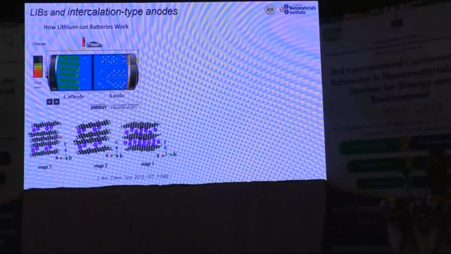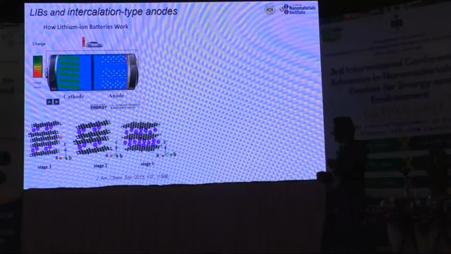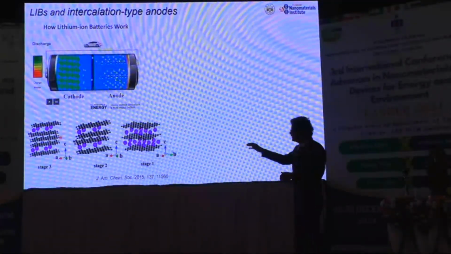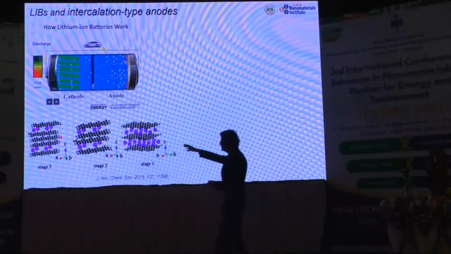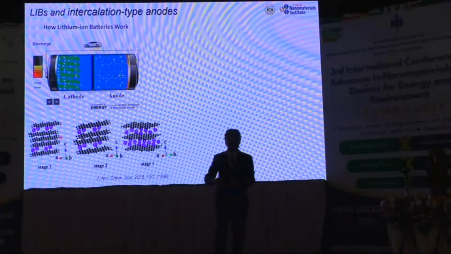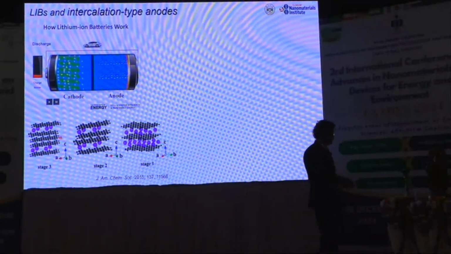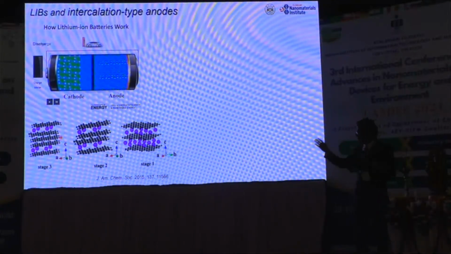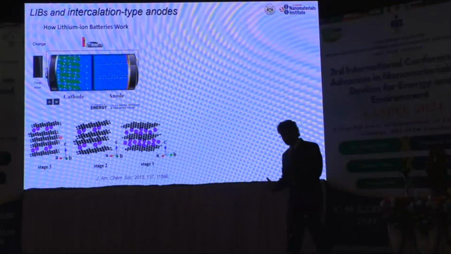The black sheets are hexagonal graphite, and as the battery is charging, the lithium ions go through what we call a staging process. Stage 3 means there are 3 carbon layers between the alkali metal layers. The alkali metal layers are the purple ones. Okay, so it has to go through stage 6, 5, 4, 3, 2, 1. And that's why charging these batteries takes a lot of time.